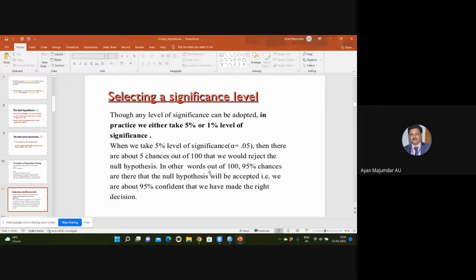If the level of significance is 1%, then out of 100, there is 1 chance that we will reject the null hypothesis. In other words, there is a 95% chance that the null hypothesis will be accepted.